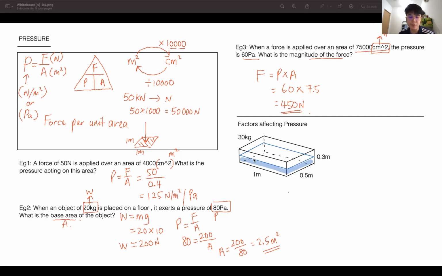What is the area of contact? It is the base of the container, right? So the base area would be 1 meter times 0.5. Length times width, so we get 0.5 meters square.